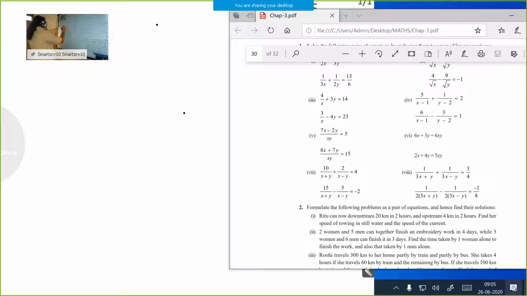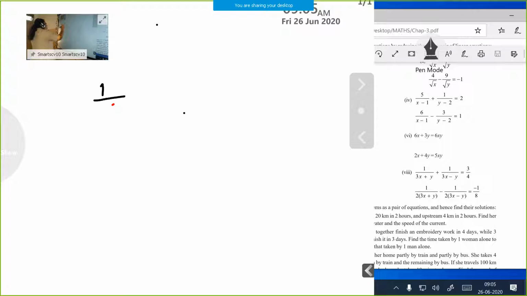Okay, that is 1 by 3x plus y plus 1 divided by 3x minus y is equal to 3 by 4.